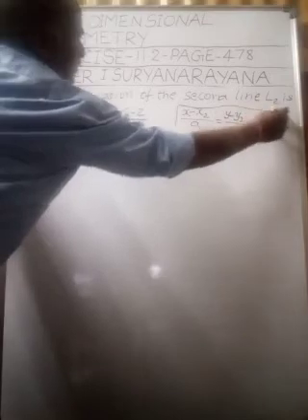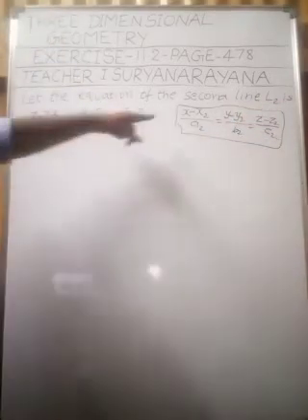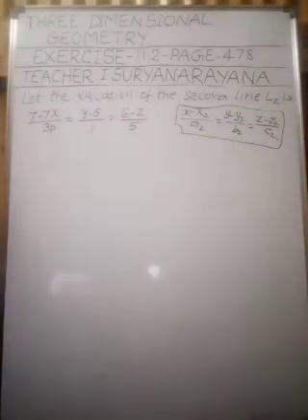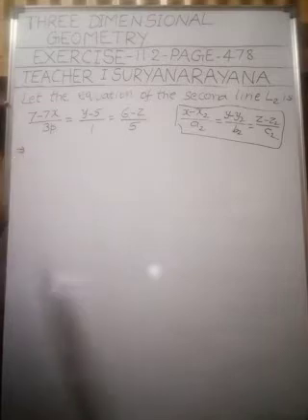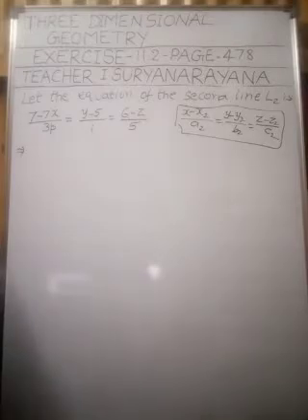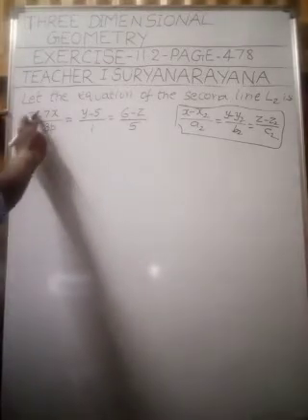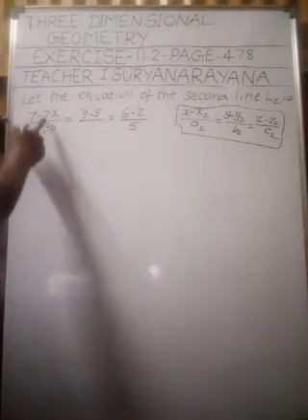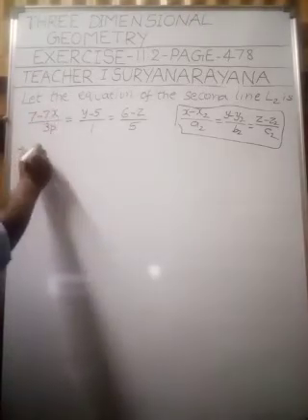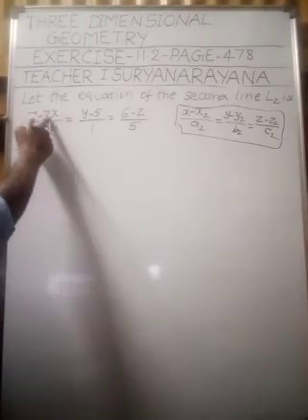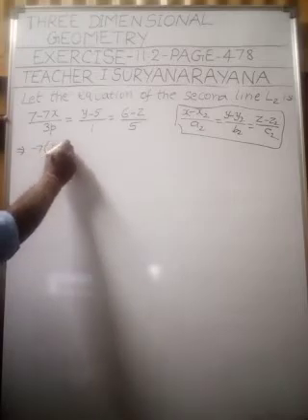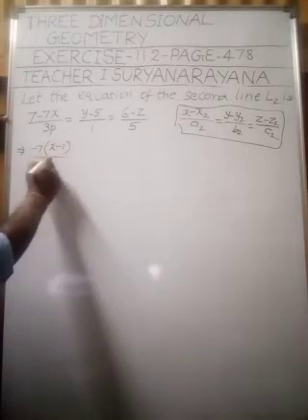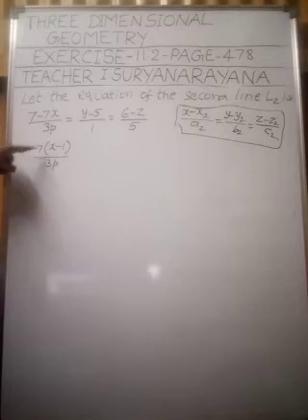Now let us convert this equation into this form. We follow the same steps as we followed to convert the equation of the first line. First you should write the x term. What is the x coefficient here? Minus 7. So let us take minus 7, then what will you get? (x minus 1) by 3p. Understood this step?